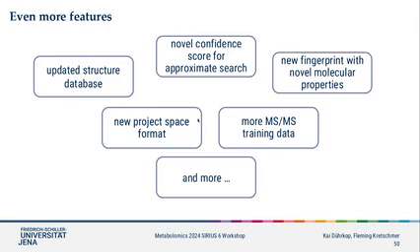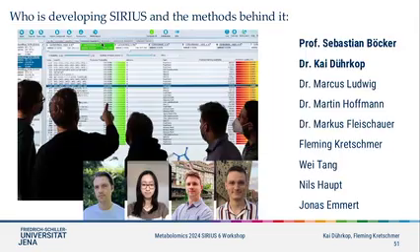And we now use a new project space format. So for those of you already using SIRIUS, you might find that the new SIRIUS version is no longer directory structured, so you cannot go into the files directly and read them with your notepad. Instead, we now have a database, which might make things a little bit complicated in the beginning, but it really makes development for us much easier. And it also makes the software a little bit faster.